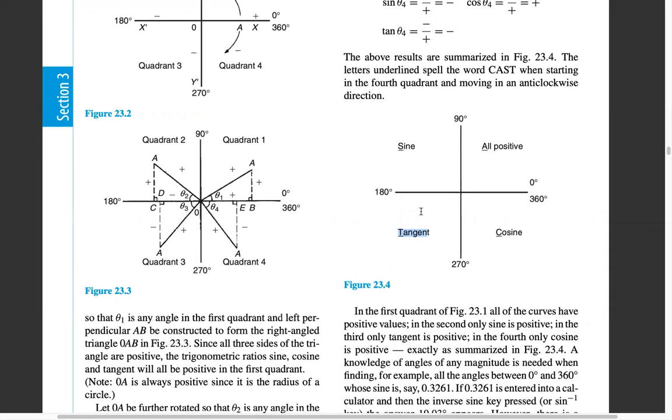This line here, AO, that's theta 3, right? So you really need to subtract 180 degrees from that angle.